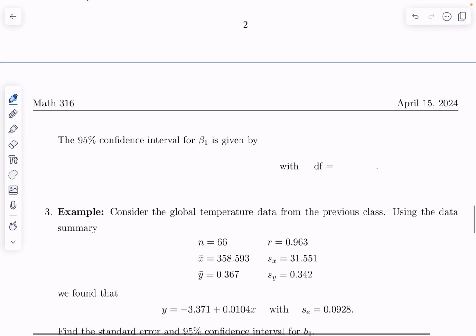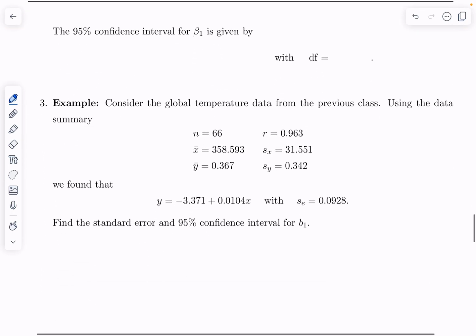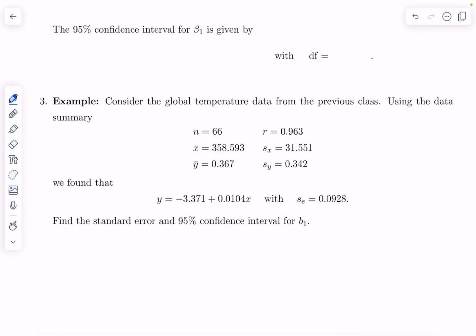And we're going to define our confidence intervals in the same way that we did previously. We're going to say we have an estimate of our parameter, b1, that's estimating beta 1. And then we're going to add plus or minus a t, say t 0.025 for a 95% confidence interval, with the appropriate degrees of freedom.